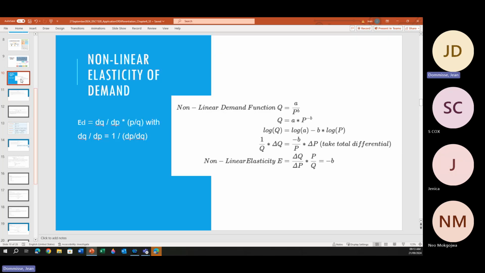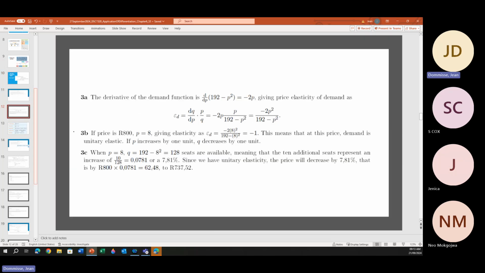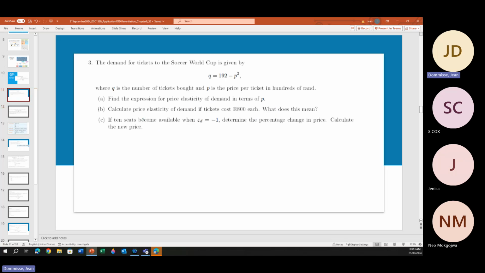So let's go straight into it, and you will see that for most of these I have also given you the answer set or how it was worked out. So let's look at this first one.